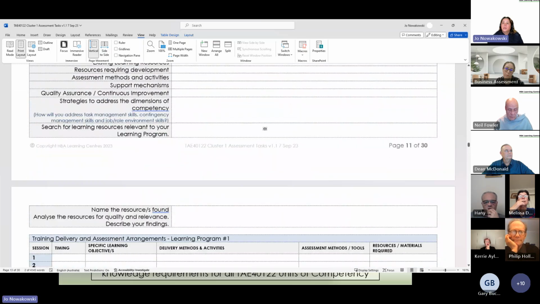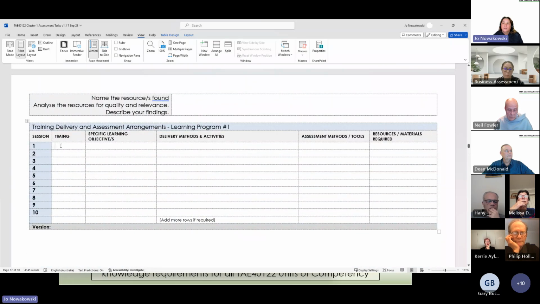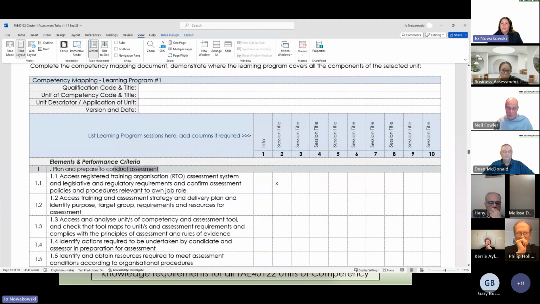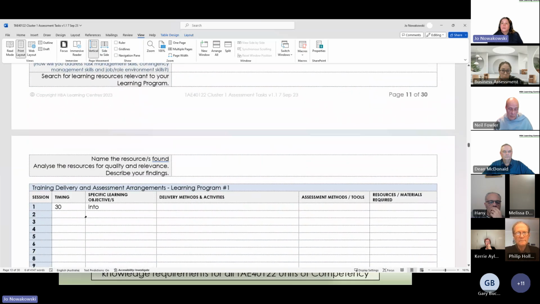So remember how you're putting all of the information up here? Yeah. So in my first session, that might be 30 minutes, and that's going to be an introduction, overview, housekeeping, all of that stuff, right? That's in my first session. Second session, this is when I might be covering the information regarding planning, and I'm going to be covering this sort of information in here.